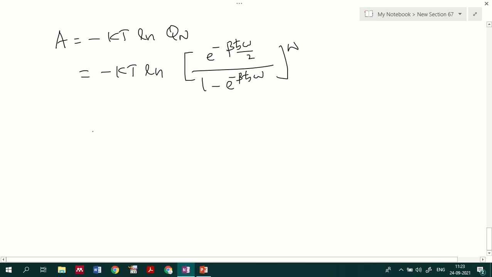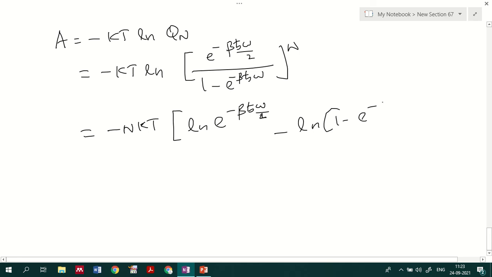If you take the logarithm, you will have n kT times ln of e raised to minus beta h cross omega by 2, minus ln of 1 minus e raised to minus beta h cross omega.